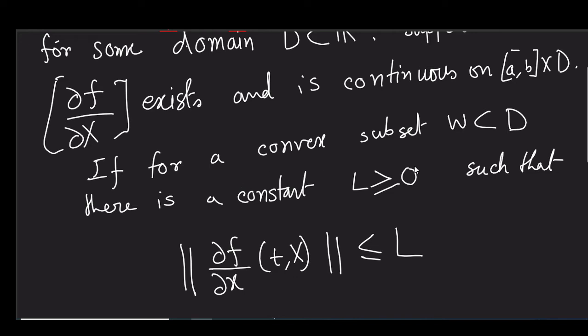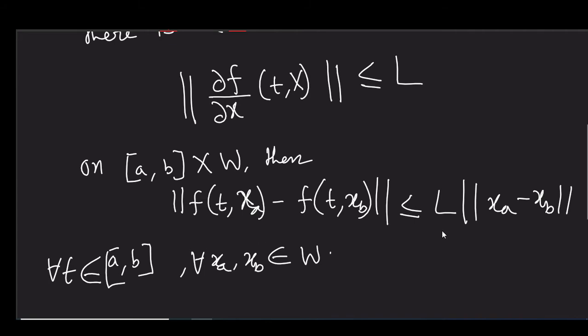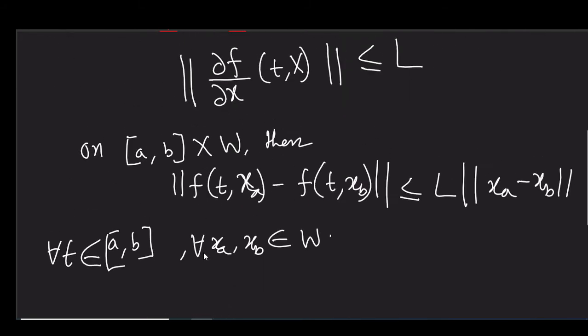If, for a convex set W, a proper subset of D, there is a constant L greater than 0 such that for all the partial derivatives we can define that, then we can actually claim that this vector valued function follows the Lipschitz condition.